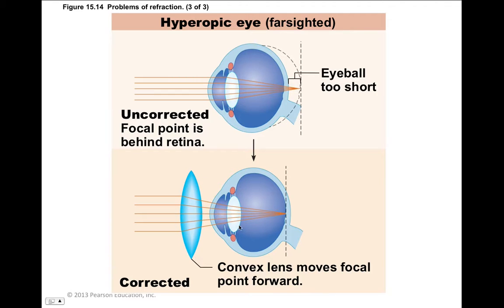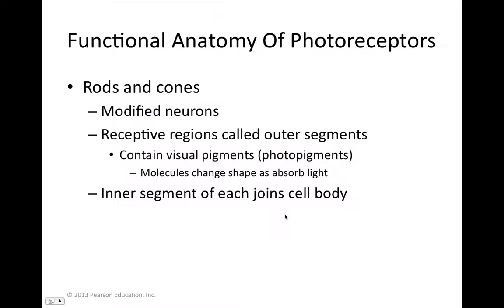Now you get a convex lens, which looks exactly like the lens that you have in your eye, and you can increase the convexity in order to increase the convergence of the light rays. So it will bend the light in front of the cornea, bend the light again in the cornea, and bend the light on the lens so that you focus directly on the retina and get a clear image.